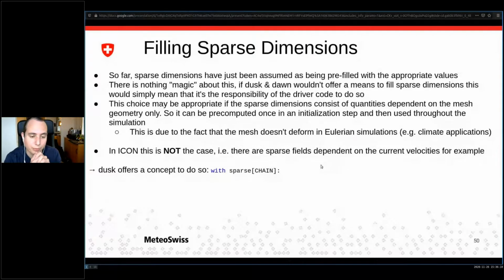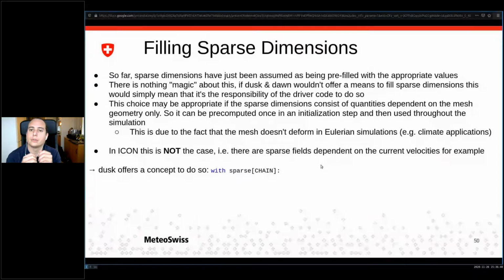Now we are pretty much diving back in where we left off, because we had this very fair question asking where these sparse dimensions come from. Do they just appear out of thin air, thin air being the driver code in this case, or do we also have a means of manipulating them within Dusk? It turns out there are two perspectives on this.